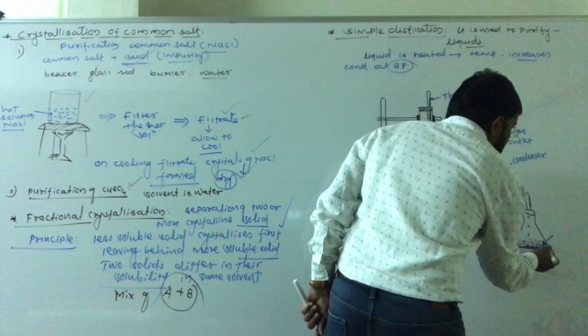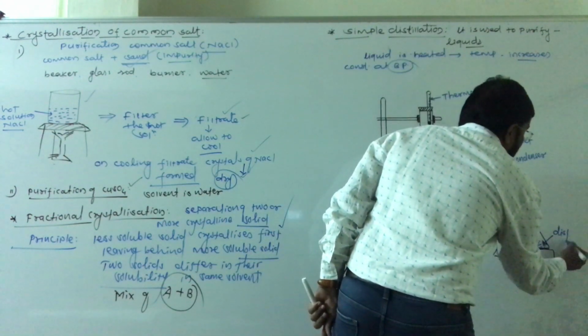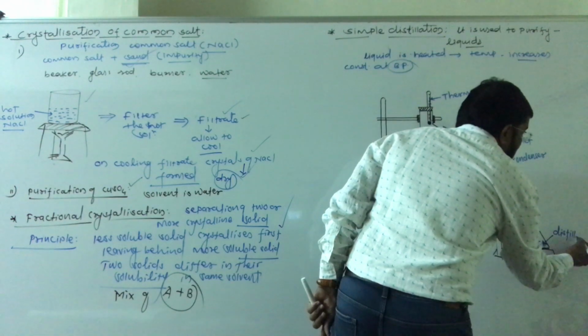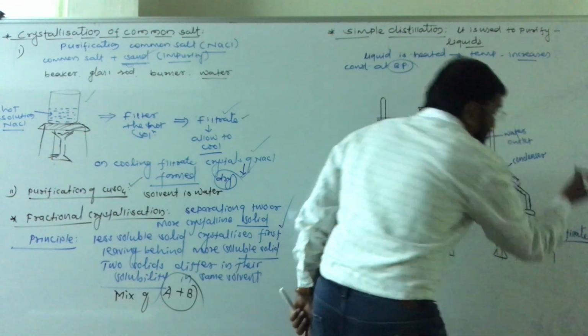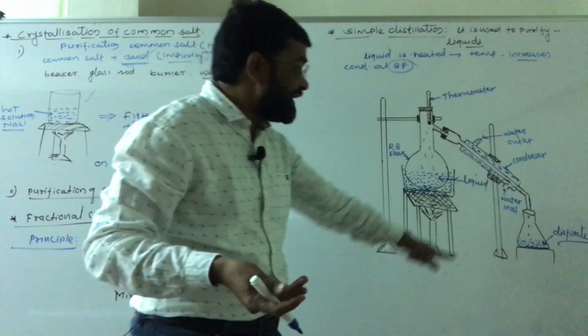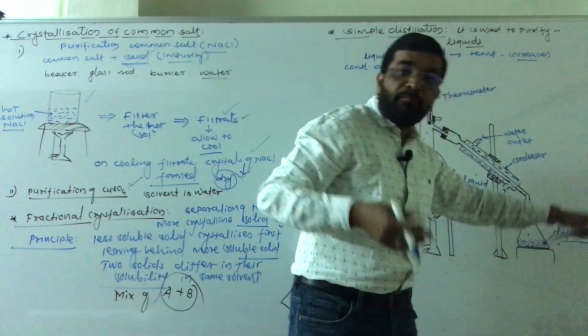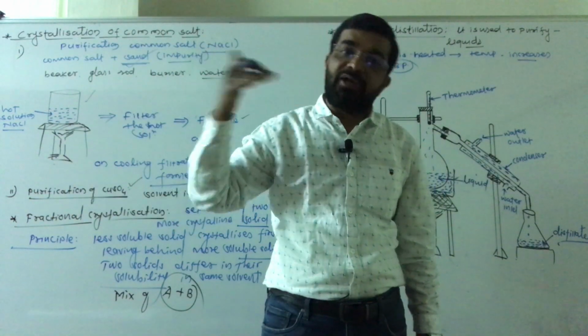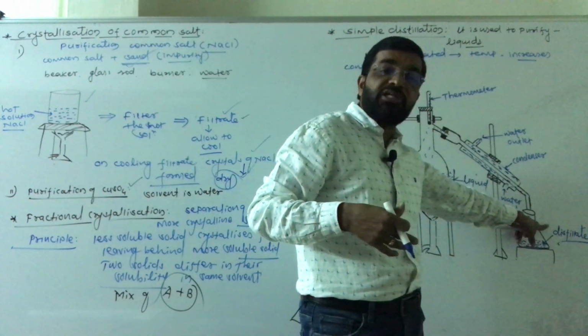Here the substance obtained is called as distillate. Distillation करून जो substance obtain केला आपण त्याला distillate म्हणतात. फिल्टर करून जो obtain केला त्याला filtrate म्हणतात, याला distillate म्हणतात.